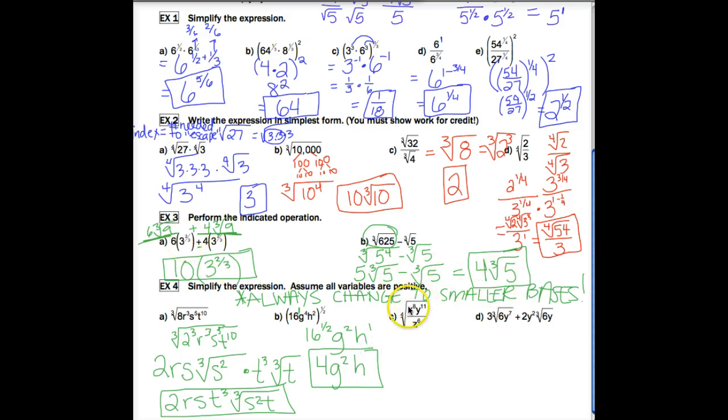Again, more jailbreaking. So on the top, I need 4, I've got 8. 8 is 2 exact groups of 4, so that means 2 x's get to come on the outside. I've got 11 y's, so that means the first 8 of them make 2 groups, but then I've got 3 left over. So 2 y's get to come to the outside.